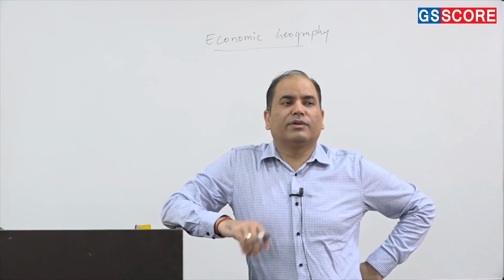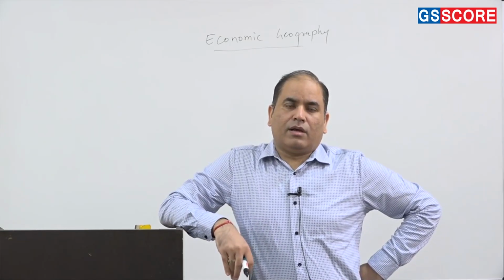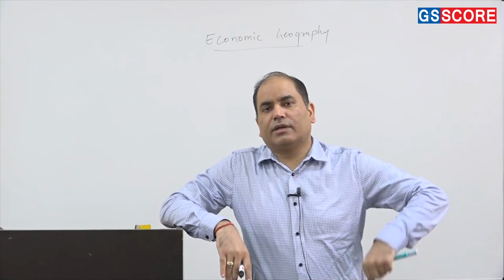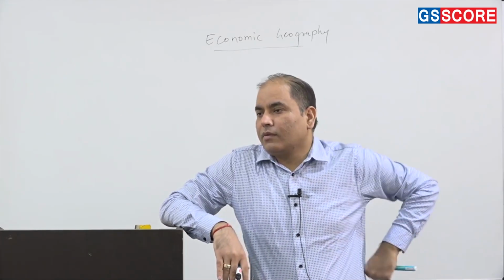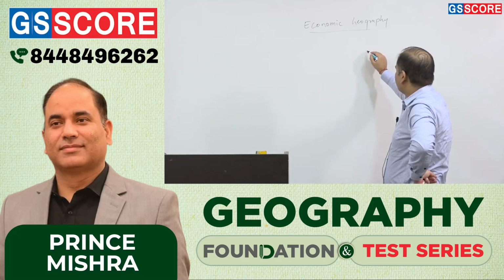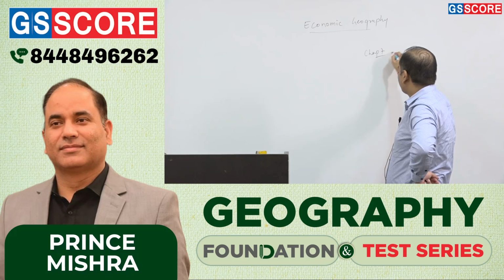Few things I just wanted to tell you. As far as the syllabus is concerned, as far as the topics are concerned, you will find economic geography is part of chapter number 7 of paper 1.